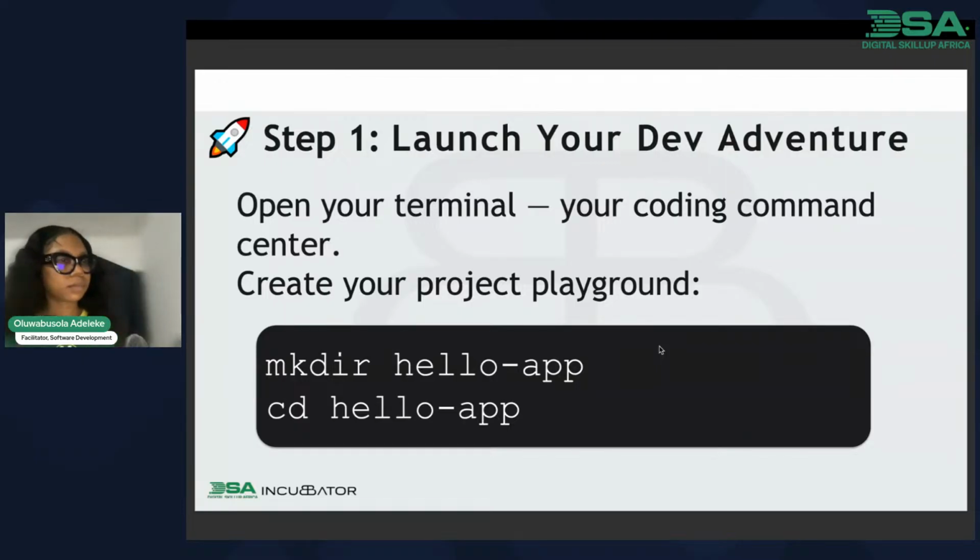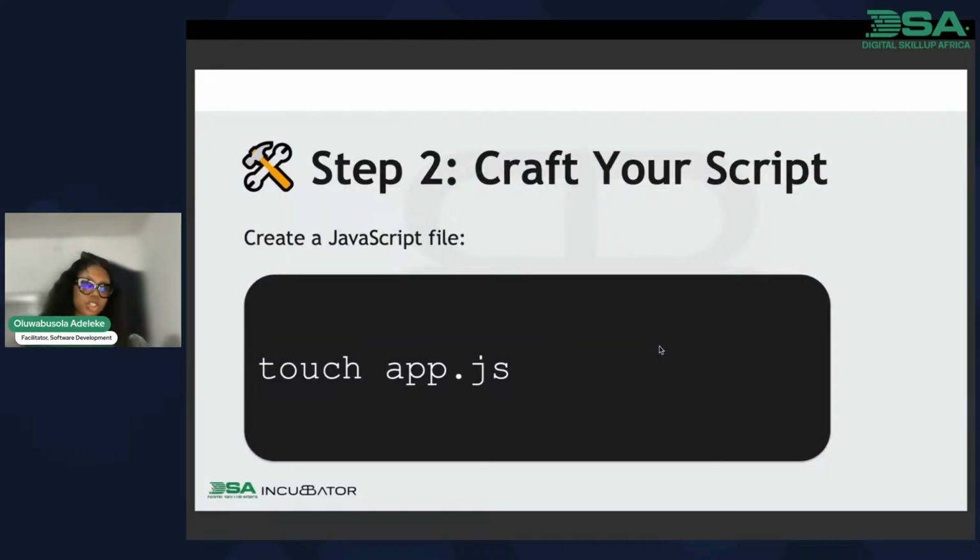Okay, great. Now that we have cd into the directory, we can type touch app.js. To get the list of your files in Windows, it is dir.